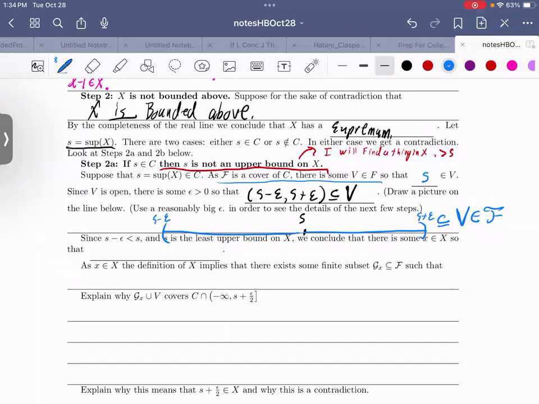All right, so I know that S is the least upper bound on X. That's what it is by definition. Let's use that. So that's the least upper bound on X. So this thing, S minus epsilon, is less than S. So this thing is not an upper bound.